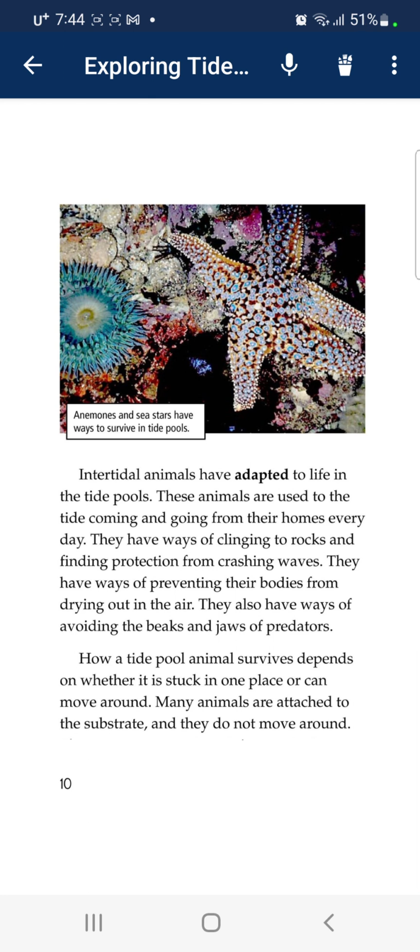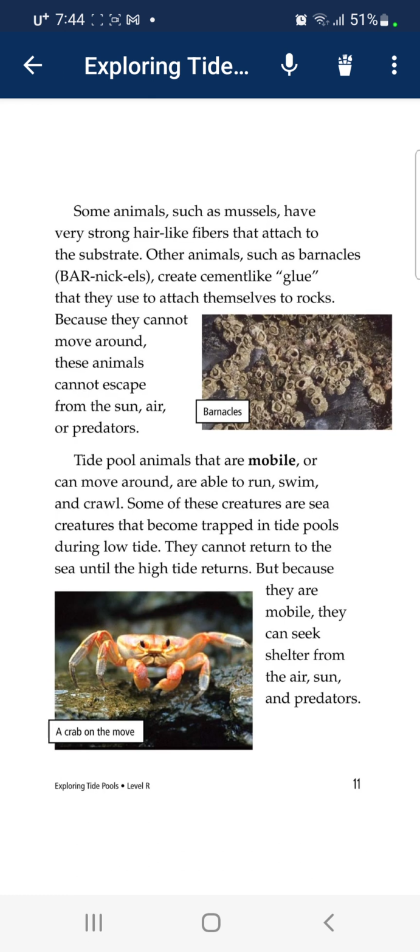Many animals are attached to the substrate and do not move around. Some animals, such as mussels, have very strong hair-like fibers that attach to the substrate.